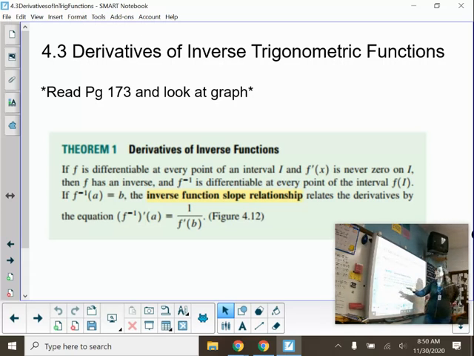If the inverse of f at A is equal to B, that means the derivative of that inverse at A is the same as 1 over the derivative of f at that B value. That's what we're going to be using this formula for in the very first example.